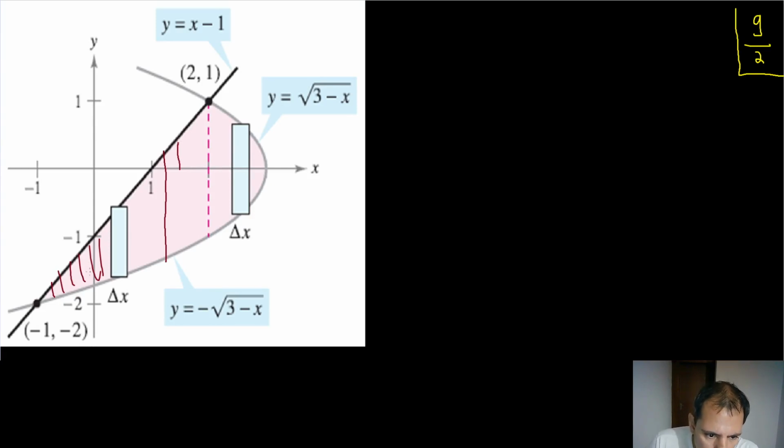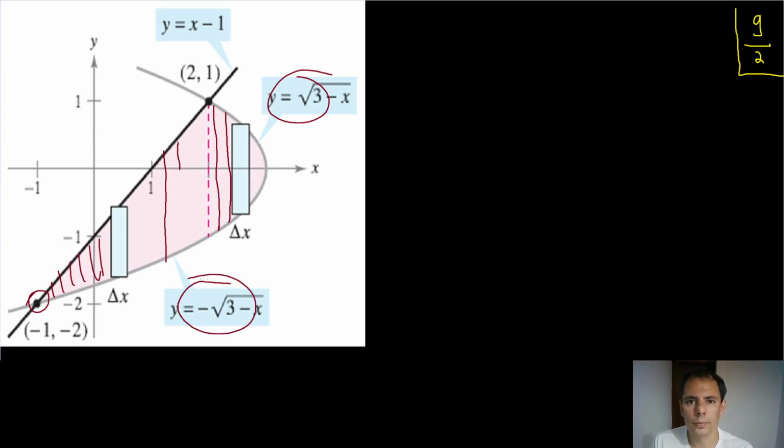When you're integrating from this point all the way to this red line here, what is the top one? The top one is this function, and the bottom one is this function. But from this point right here of intersection and on, what is the top function? The top function is this, and the bottom function is that one. So you have to change the functions too.